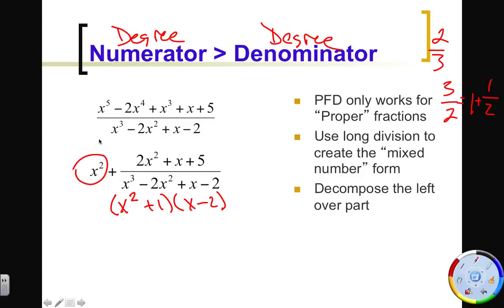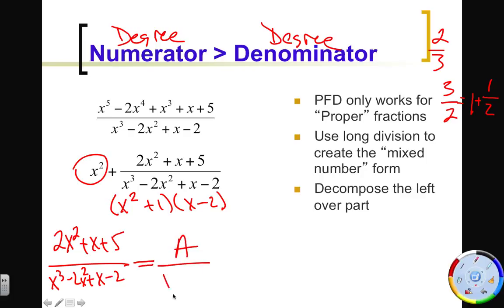So this is kind of done until I come back to it. My process that I would be looking at is this: equals A over x minus 2 plus, I'd have an x squared plus 1. Irreducible quadratic factor means Bx plus C. So notice this is almost exactly the same thing as the previous examples, only now the numerator was bigger, so I had to do division.